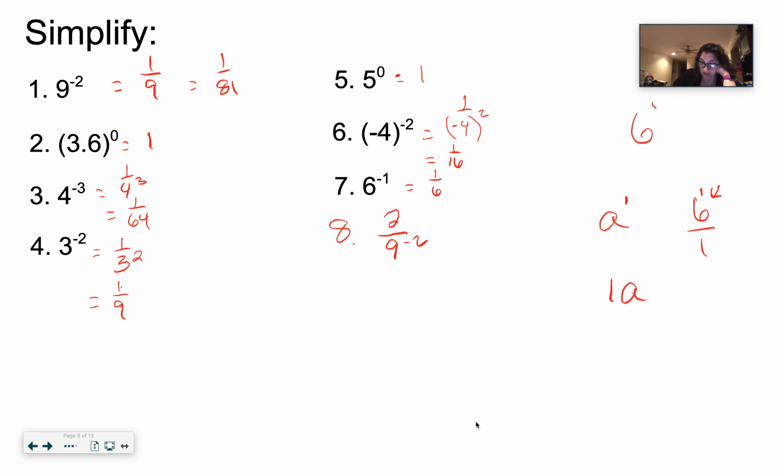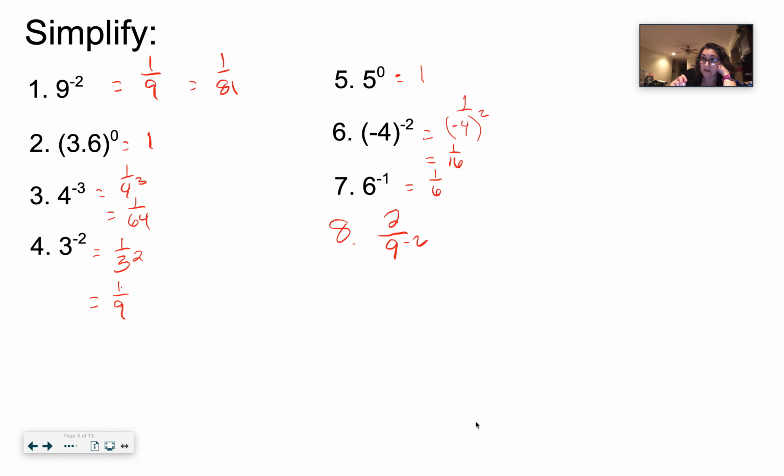All right. And the last one here. I want to put this one here because remember, when you have a negative exponent on a number in a fraction, you move that negative number, you flip it. Now, the difference with this is just the 9 is negative, not the 2 over 9.